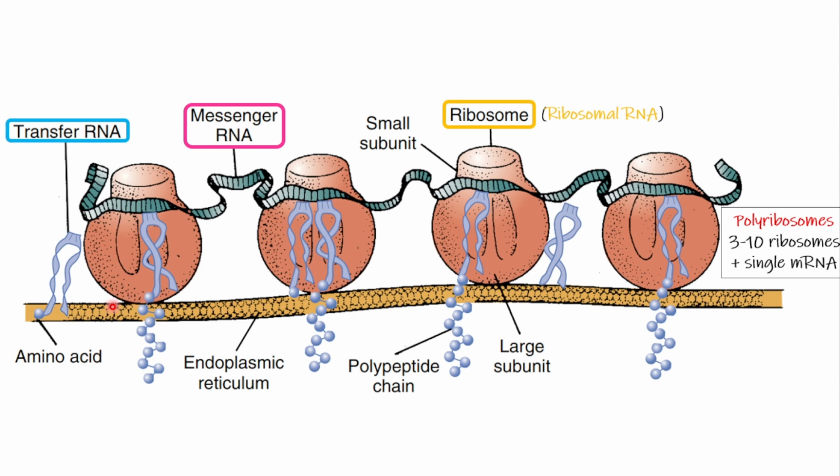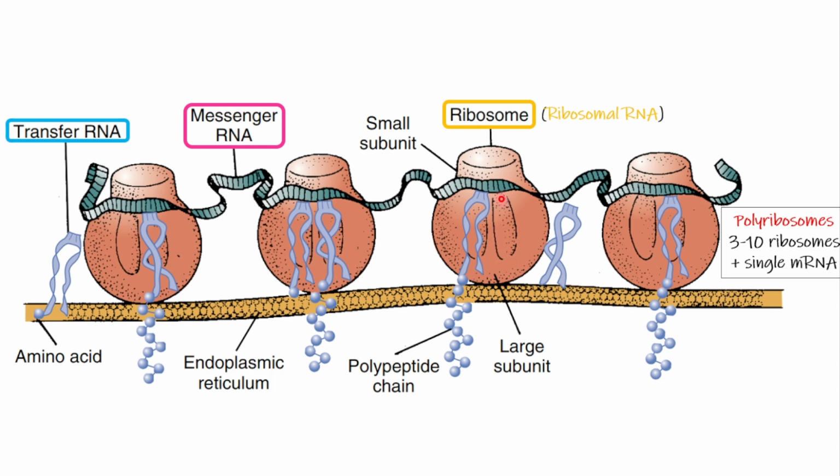Then after this, another amino acid will be attached until a stop codon is reached. Once a transfer RNA has done its job, it detaches itself from the messenger RNA, then goes again into the cytoplasm.